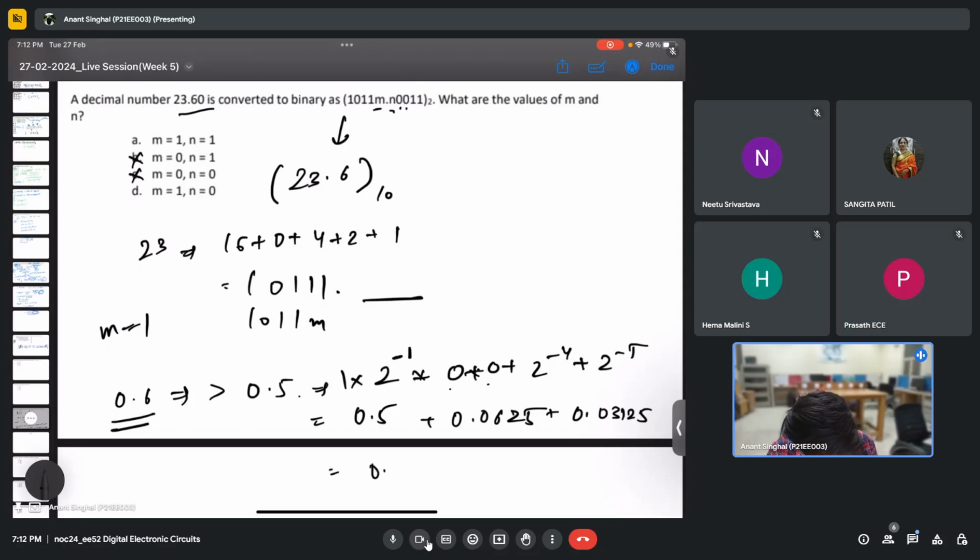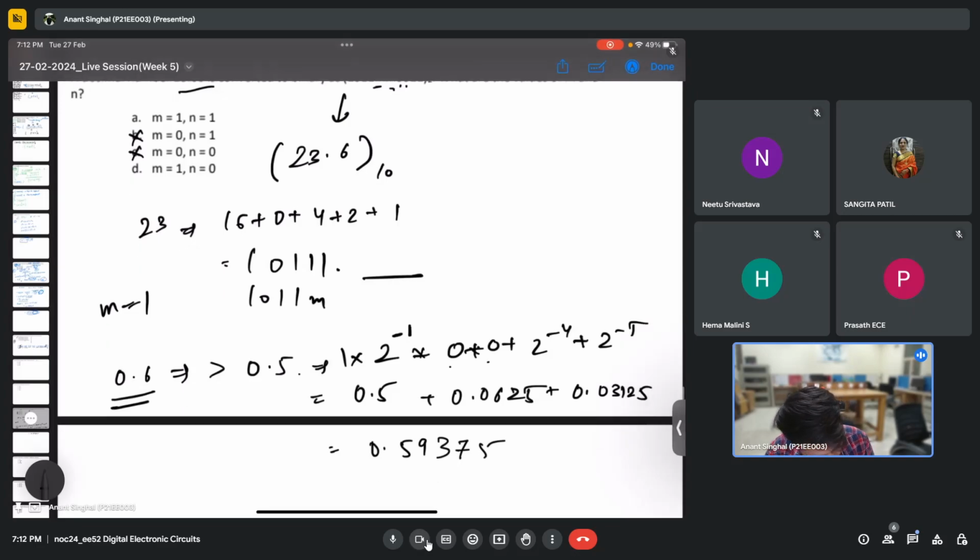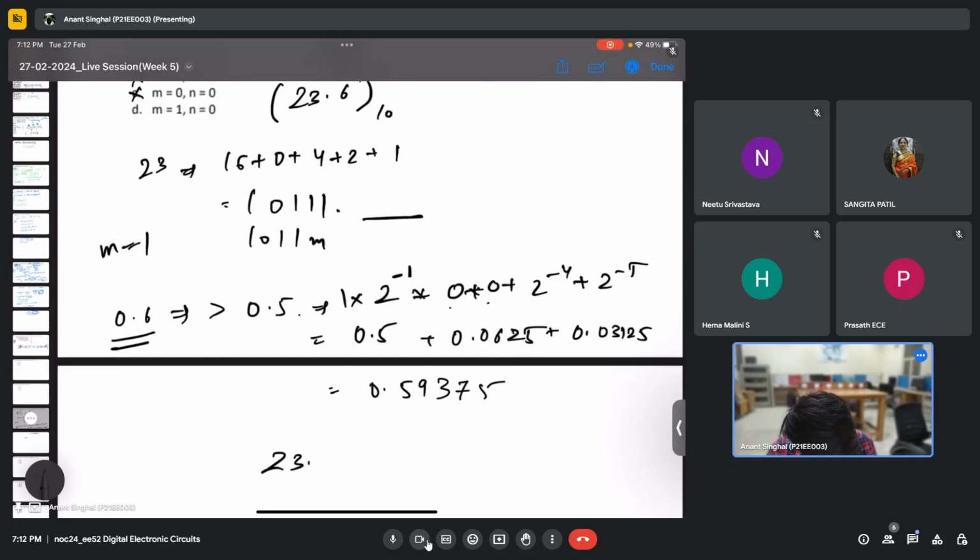On adding them I'll be getting 0.59375, I'm not sure, but this is 23.59375, which is almost equivalent to 23.6. So I will have to require at least 0.5 to get that.